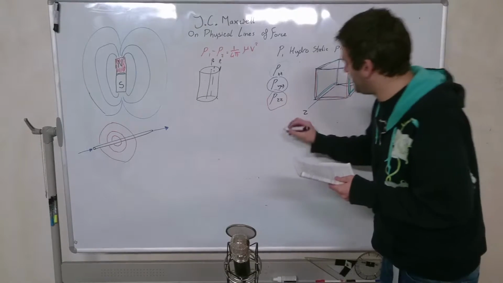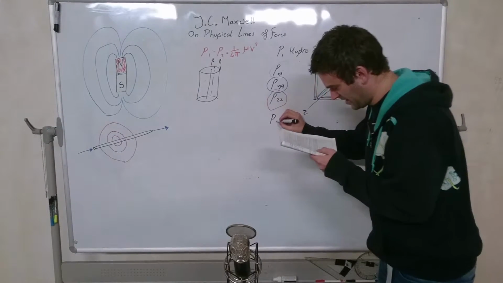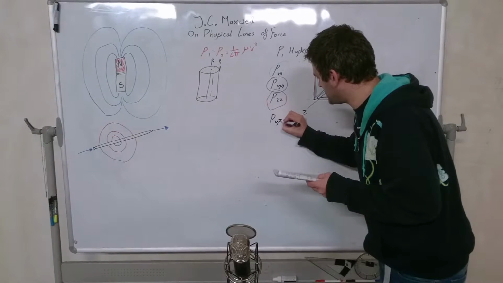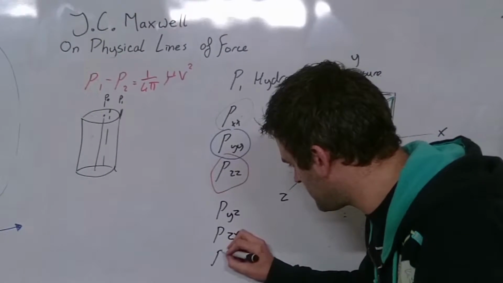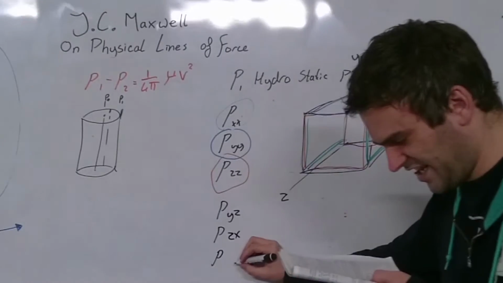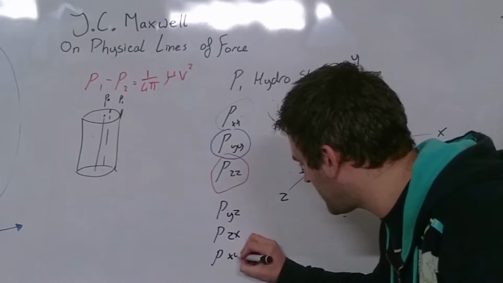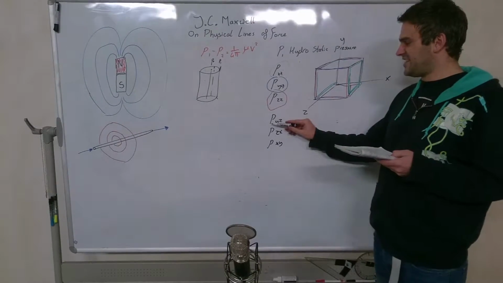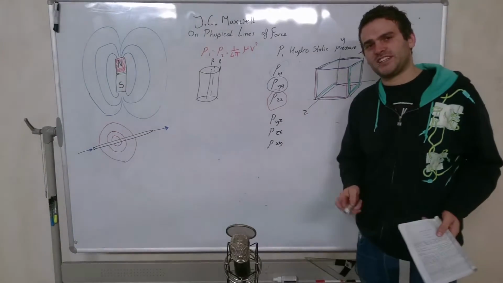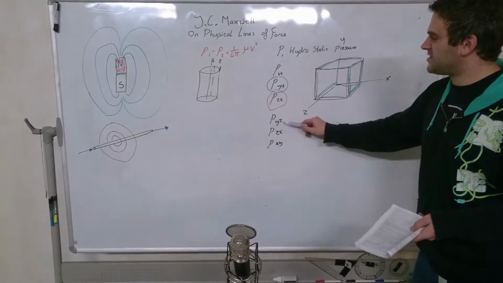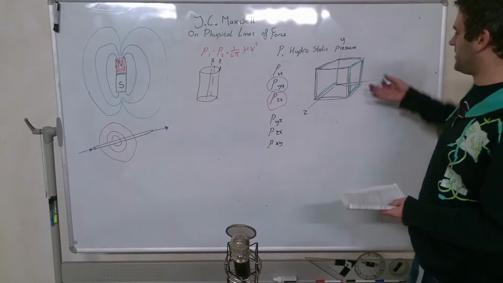So if we have P, what did I say? I need to write it down. Y, Z, P, Z, and X, and P, what am I missing? Y and X, I guess? X and Y. These would be tangential forces. I really don't like that word tangential, but what these forces mean is a rotary force.